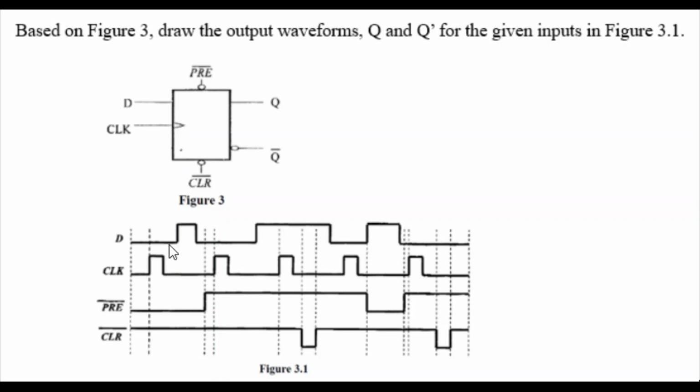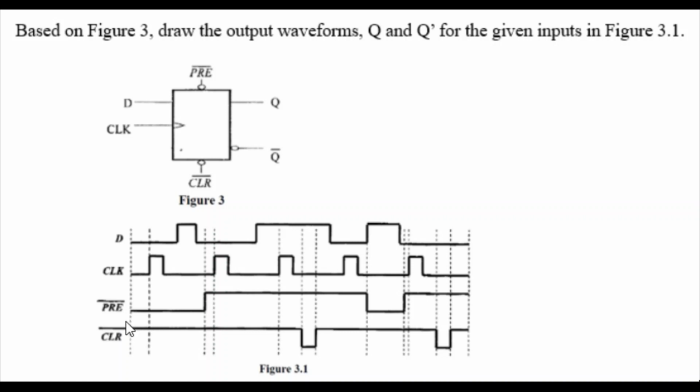The D waveform is given, the clock is given, and preset and clear bar. Both preset and clear bar are logic low, and they are asynchronous commands. When clear bar is 0, the output will be 0, and when the preset command is 0, the output will be 1.